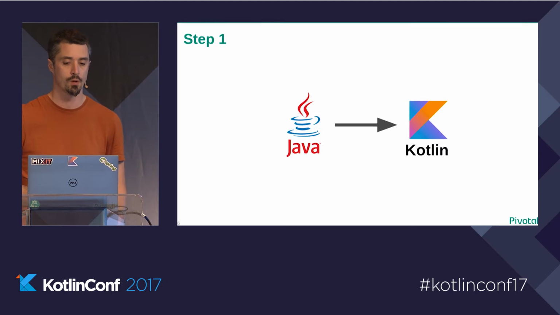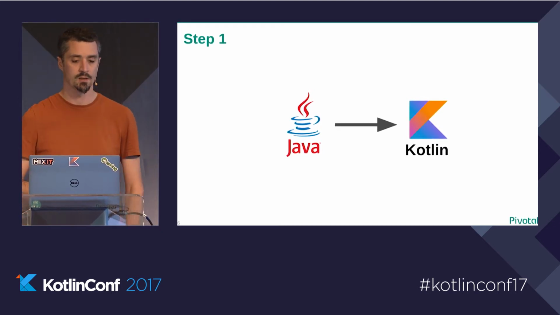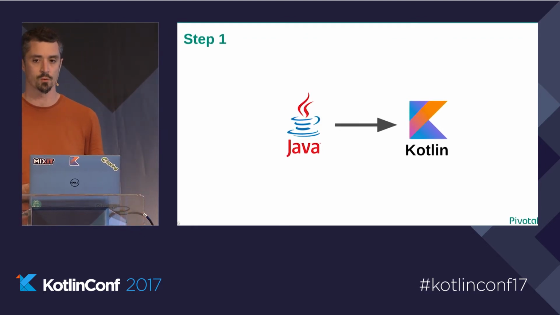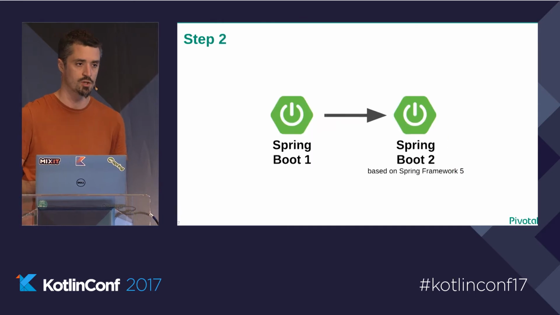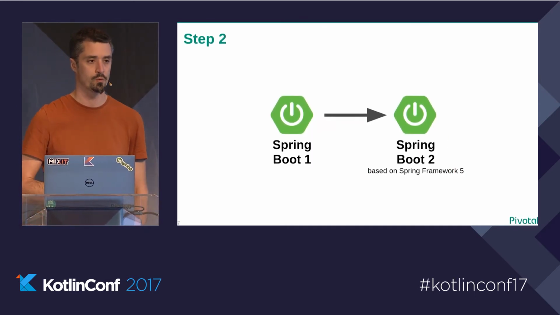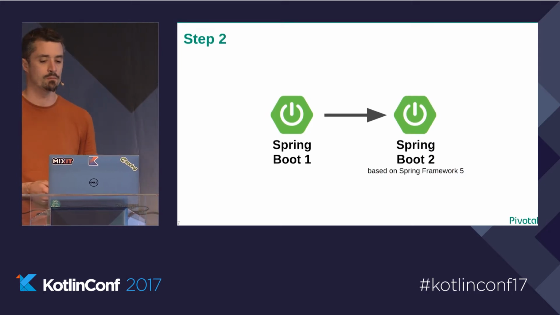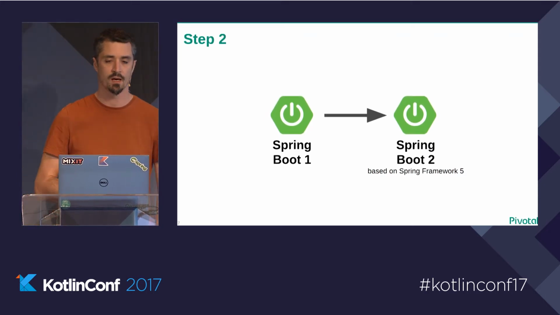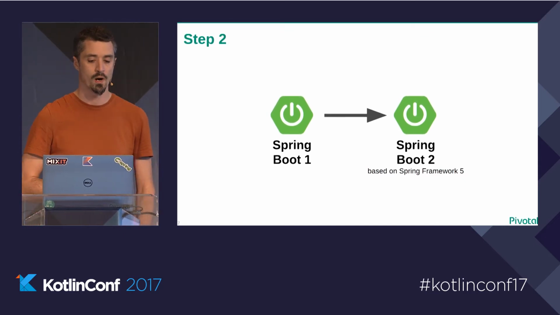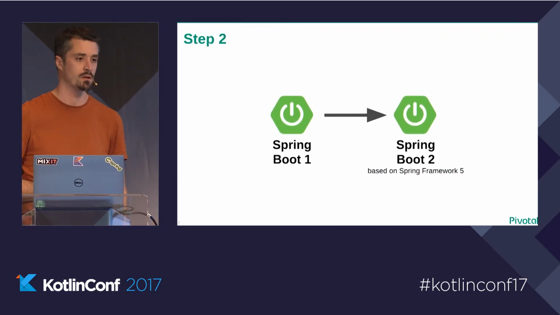First, we change just the language, migrating from Java to Kotlin, without taking advantage of any Kotlin-specific support. Then we switch from Spring Boot 1 to Spring Boot 2. Spring Boot 2 is based on Spring Framework 5, and it provides dedicated support for Kotlin, while Spring Boot 1 does not provide anything specifically for that.